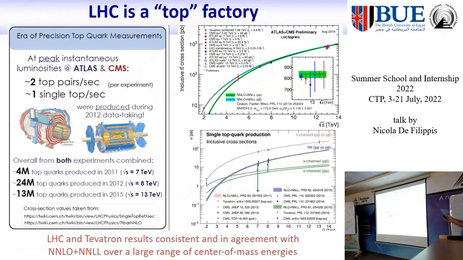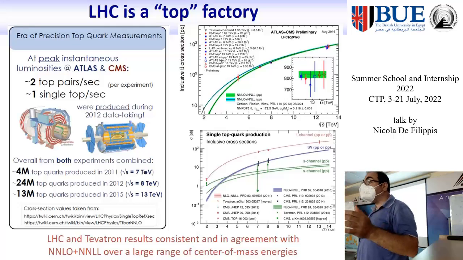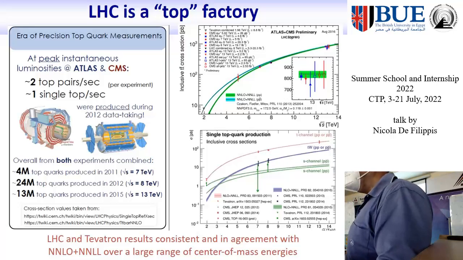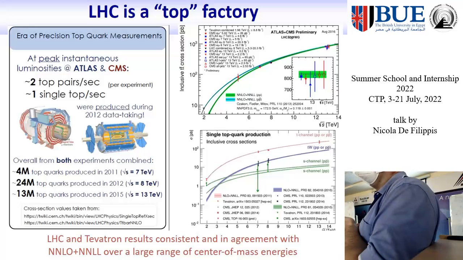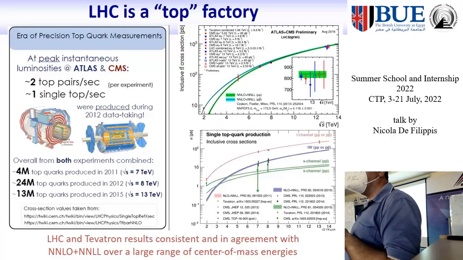And actually LHC is a real top factory, and you know that the top quark is a kind of very special quark. It has the highest mass between all the particles ever discovered. And it doesn't hadronize with respect to the others, so it decays immediately. And so it's not clear why, for example, it's so heavy with respect to the other quarks.